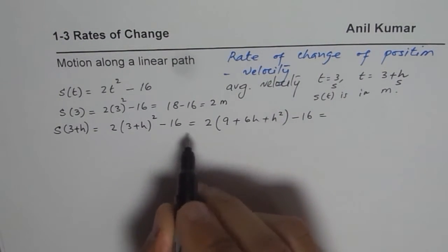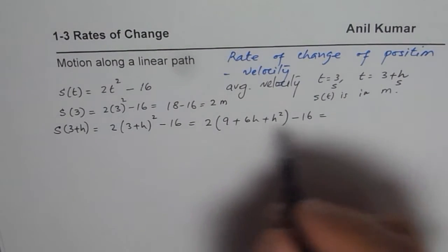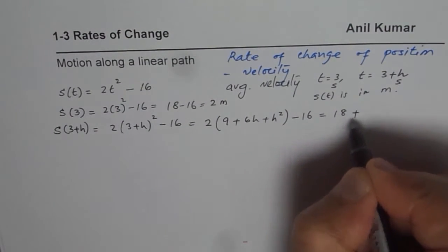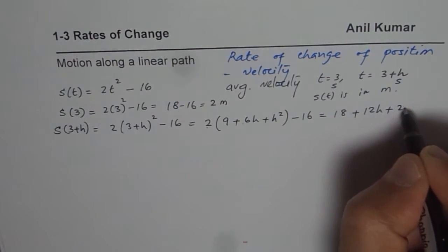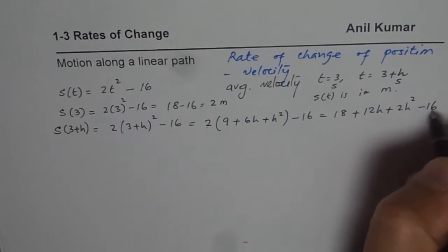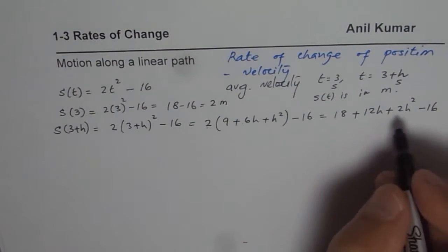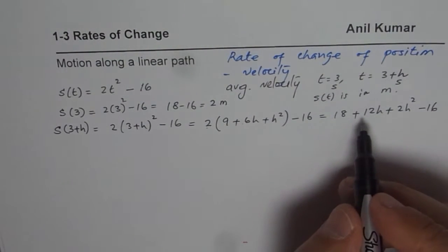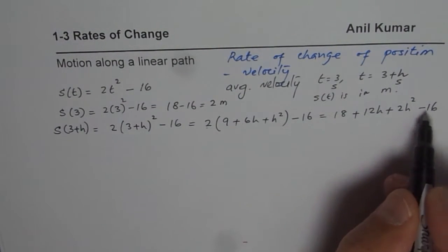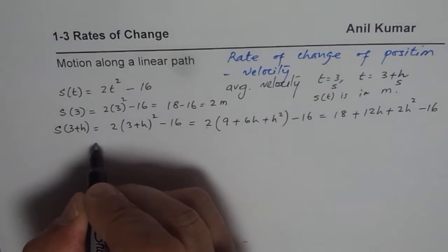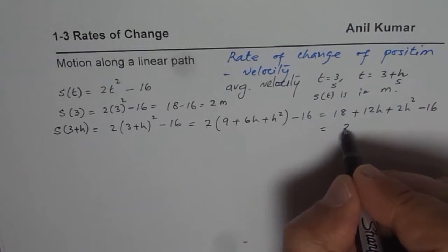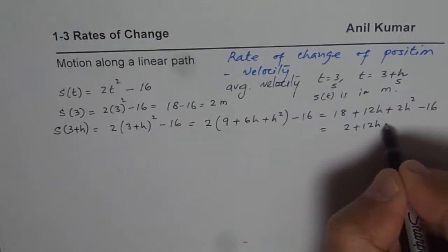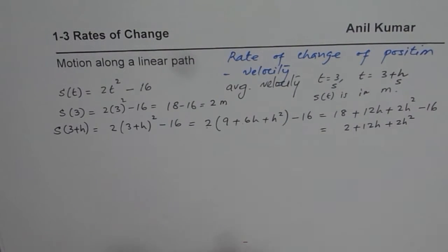Simplifying, 18 plus 12h plus 2h square minus 16. So that gives us 2 plus 12h plus 2h square.